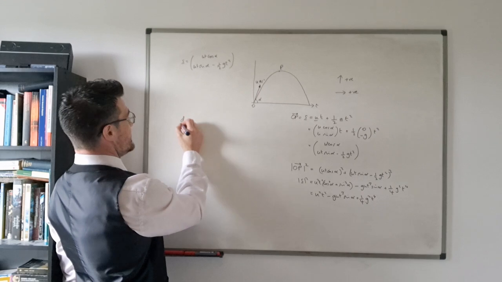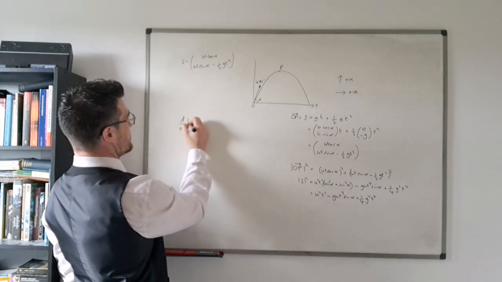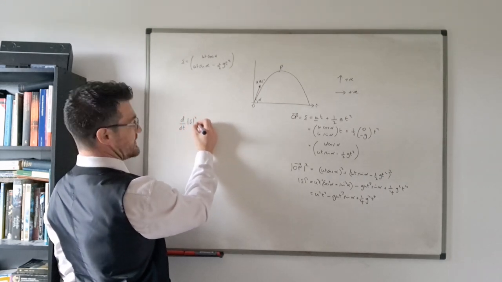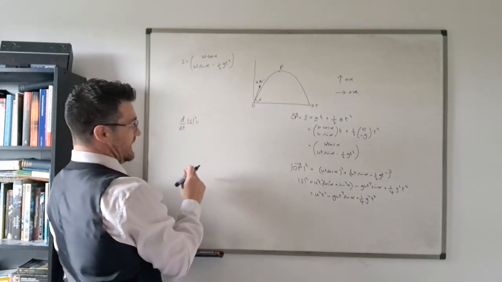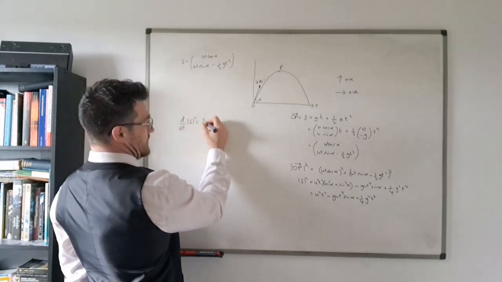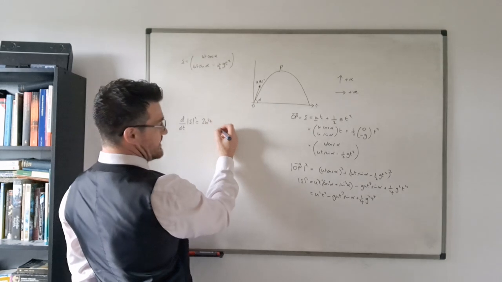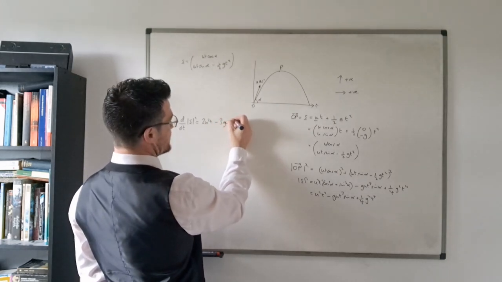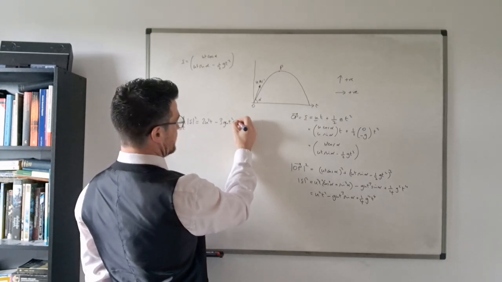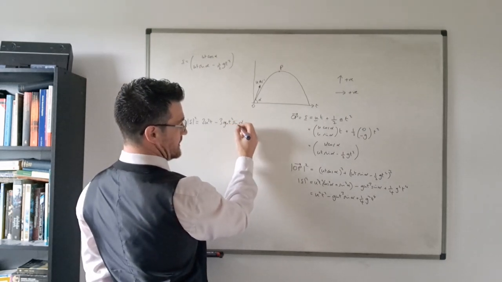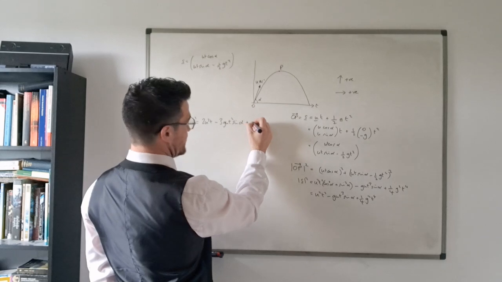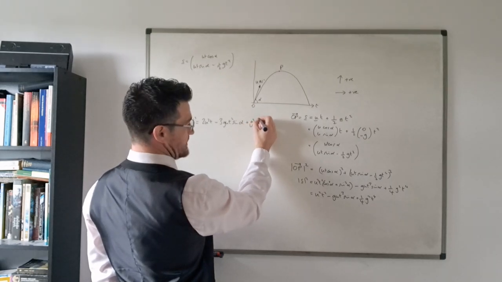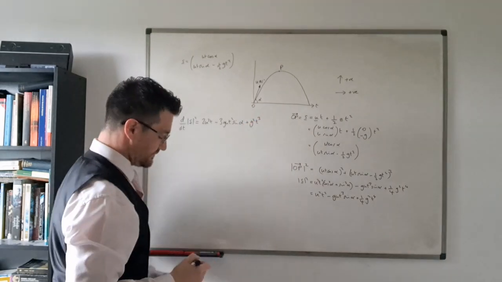So we get d by dt of the modulus of s squared, and that's going to be equal to 2u squared t minus 3gut squared sine alpha plus g squared t to the third.